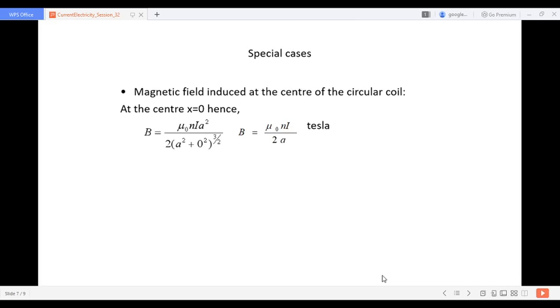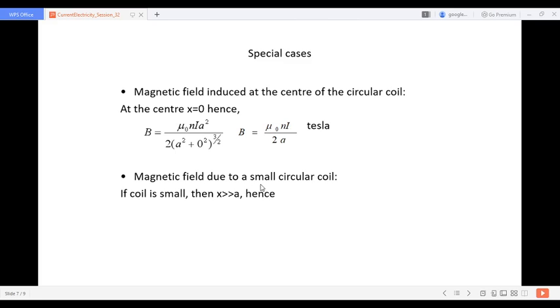We further discuss the special cases, wherein the magnetic field induced at the center of the circular coil. So, at the center, x is equal to 0. If we substitute x equal to 0 in the equation for B, we get mu naught N I a square divided by 2 times (a square plus 0 square) raised to 3 by 2, which can be simplified as mu naught N I divided by 2a.